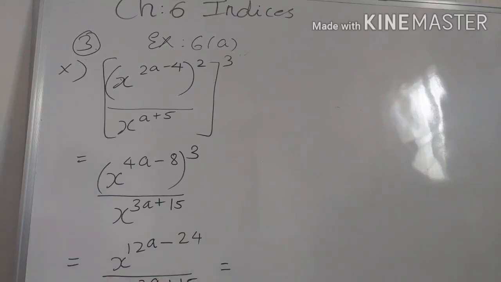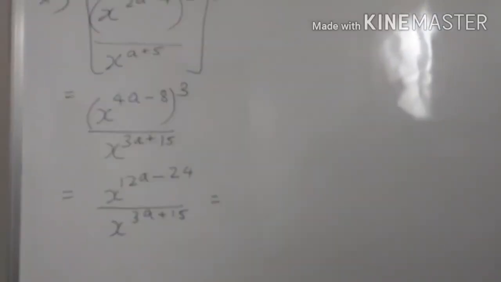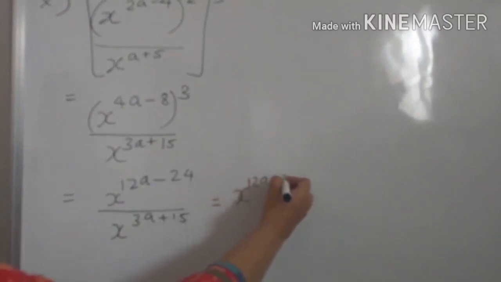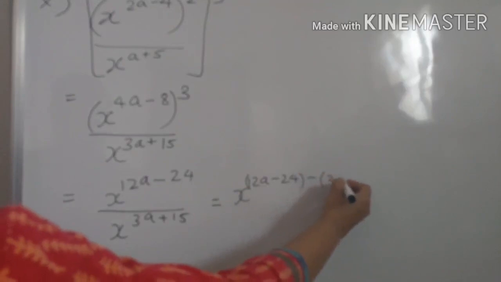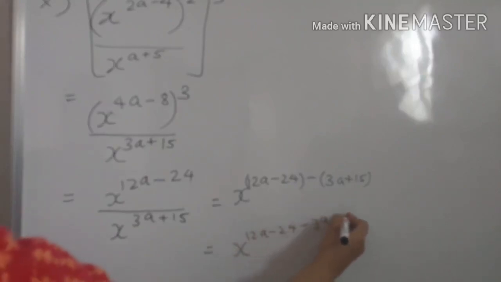Now the bases are similar, so we can take the subtraction of powers. Like here, x raised to 12a minus 24, I put the second one in one bracket, minus 3a plus 15. So here x raised to 12a minus 24 minus 3a minus 15.